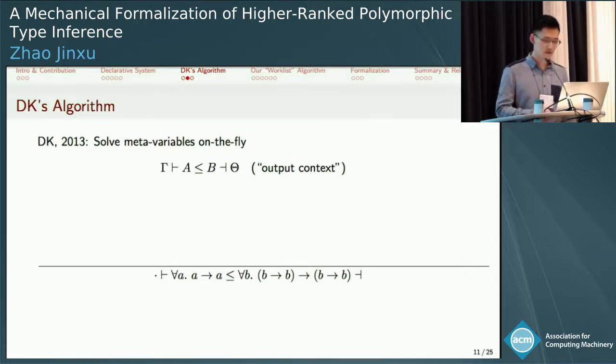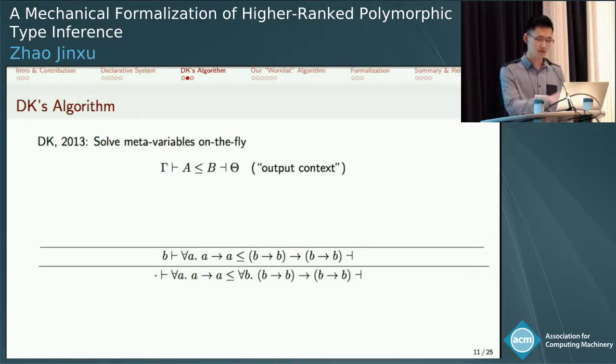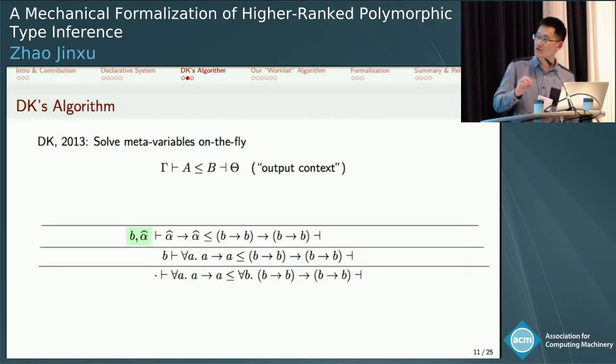Okay, let's go back to the example. First, we do something similar to the for all right rule. We introduce a type variable to the context. And then we do something similar to the for all left rule. But this time we don't know the guess, so we insert the meta variable alpha. All right.